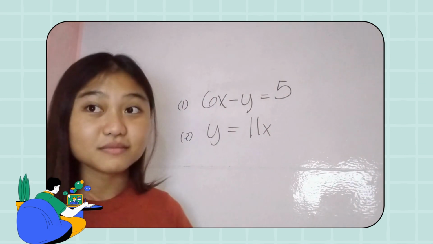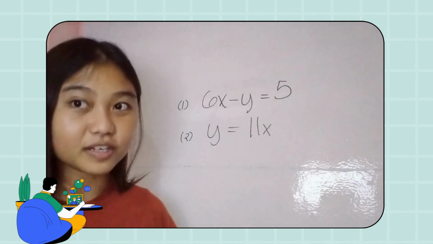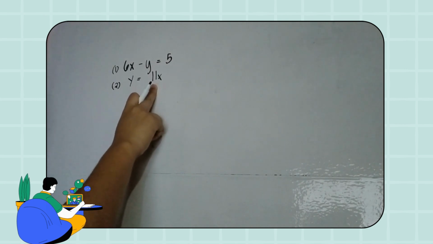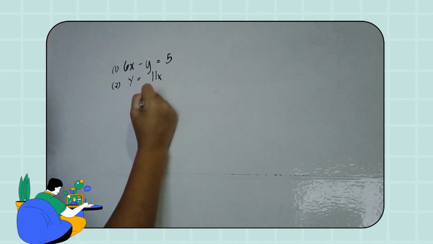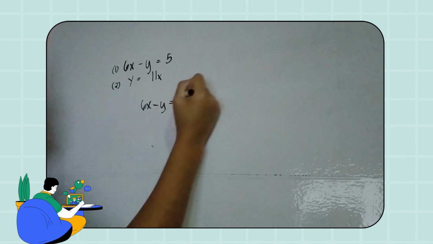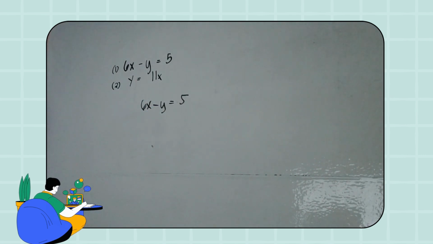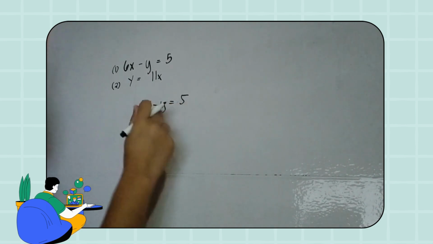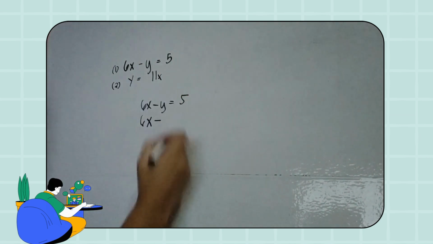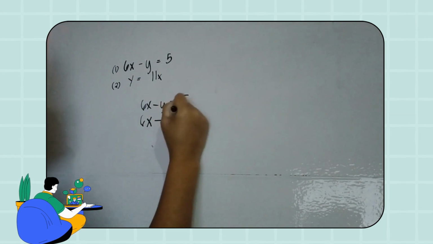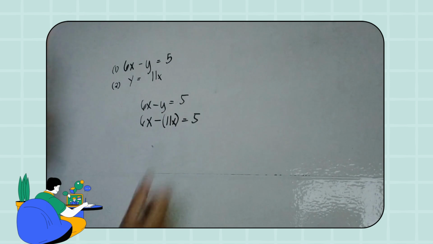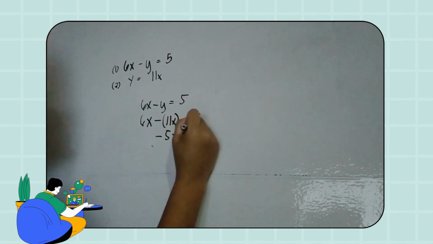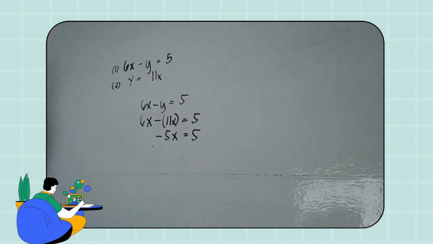That makes sense, right? Now, let's get into the process. First, substitute y equals 11x into the first equation, 6x minus y equals 5. As a result, we have 6x minus 11x equals 5. 6x minus 11x is negative 5x equals 5.